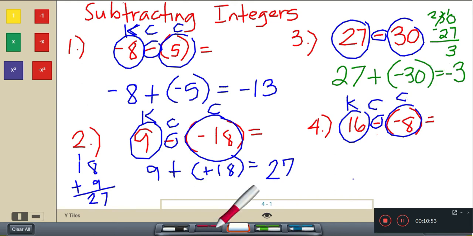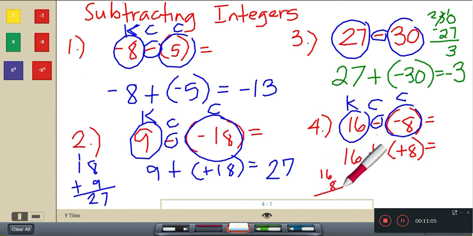So you will have 16 plus positive 8. You're going to add 16 plus 8. If I don't want to say the answer, I always ask my students to share their work. So 14, carry the 1, 24, and this is positive 24.